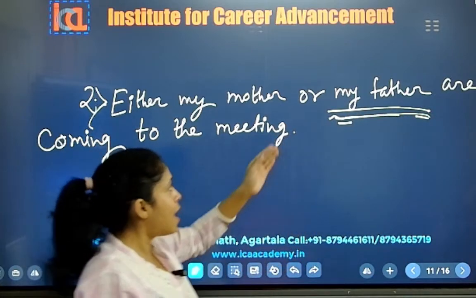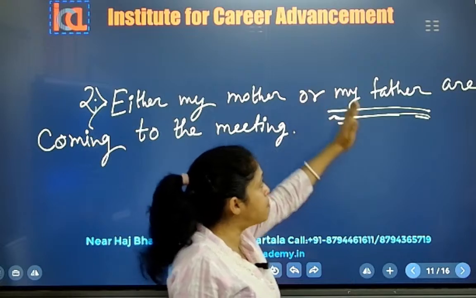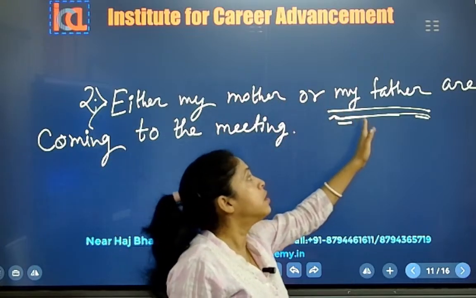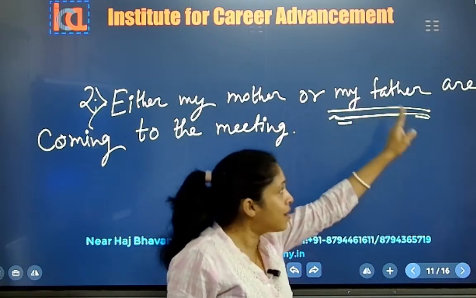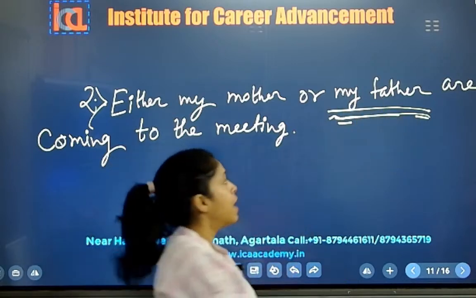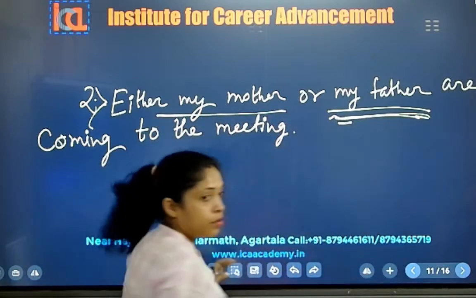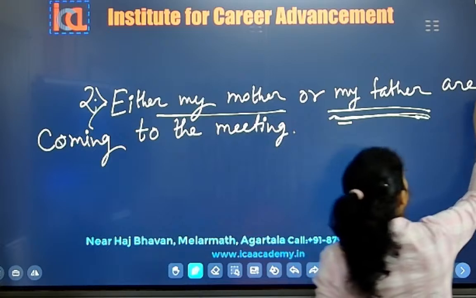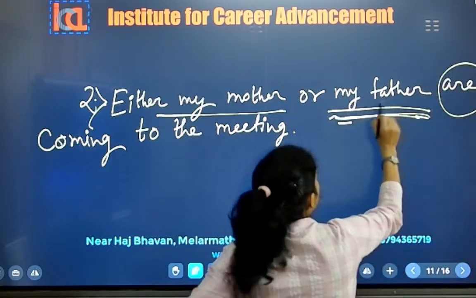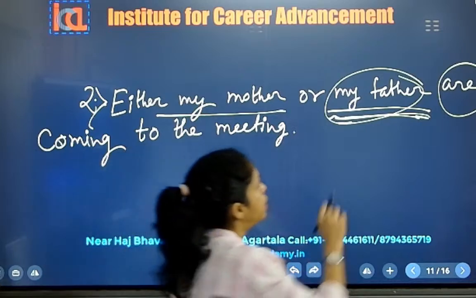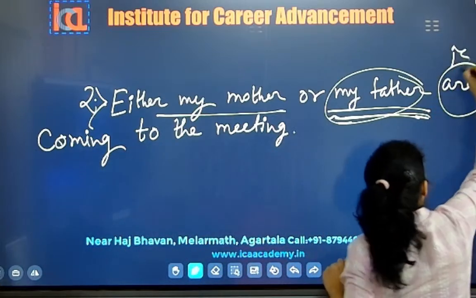After or, the subject that we use, we have to follow it for using verb. Here which is the subject? My mother or my father. What verb have I used here? Are. But my father is the singular subject, singular noun. So here we shall use is.